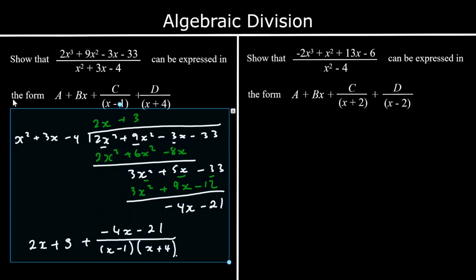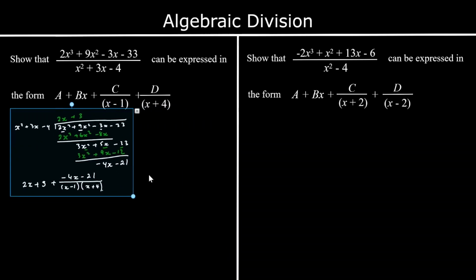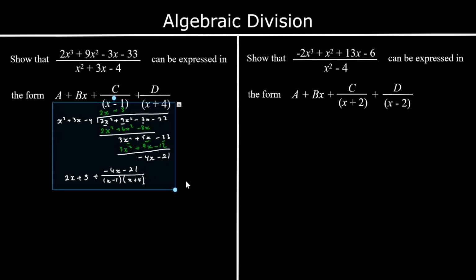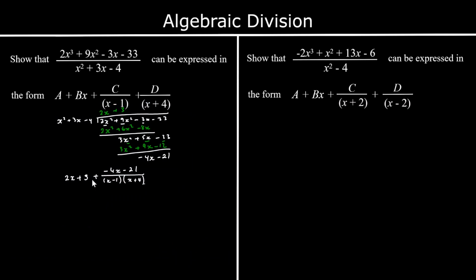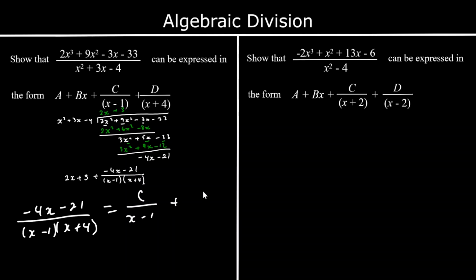So now we're going to split it into partial fractions. So I can ignore my 2x plus 3. I know that bit. I'm just finding c and d now. So I'm going to write minus 4x minus 21 over x minus 1 times x plus 4 is the same as something over x minus 1 plus something over x plus 4.